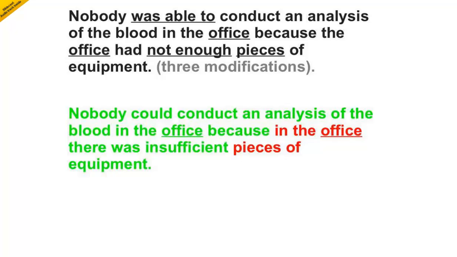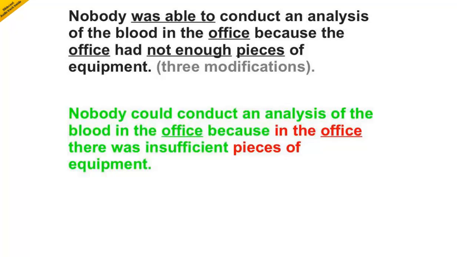Because, in the first version I said because the office had not enough pieces of equipment. So we've already killed the office from the sentence, and then we're saying had not enough pieces of equipment. Well, first we can get rid of pieces because it's not relevant to this sentence. So we could just say equipment, and that's fine. And we're saying had not enough.